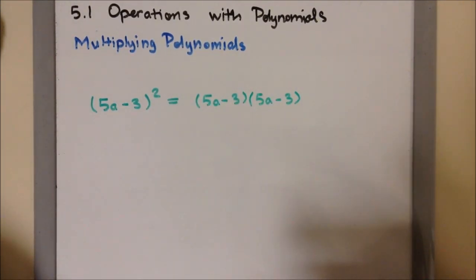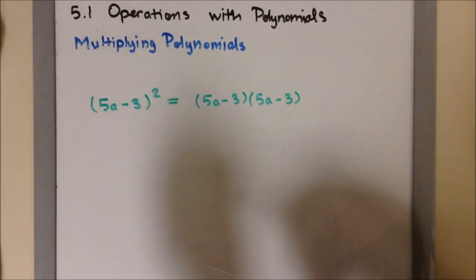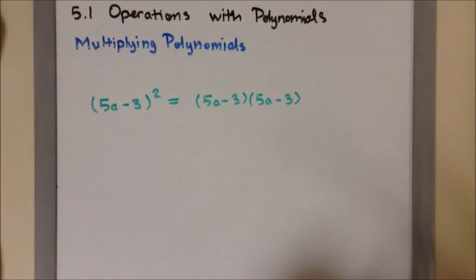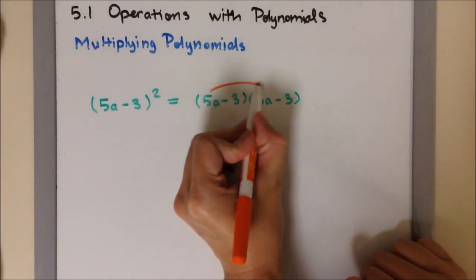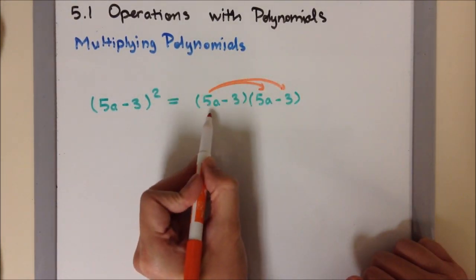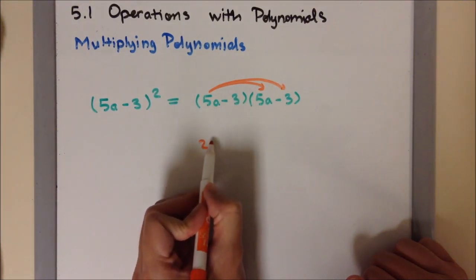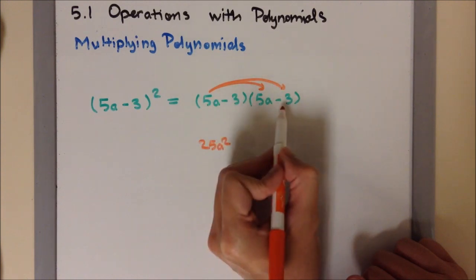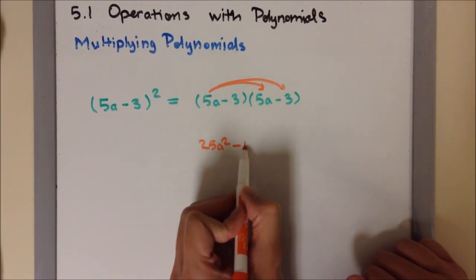So now it just looks like the previous example. We're just going to FOIL. So 5a times 5a, and then 5a times minus 3. So 5a times 5a, that's going to be 25a squared. 5a times negative 3 would be negative 15a.